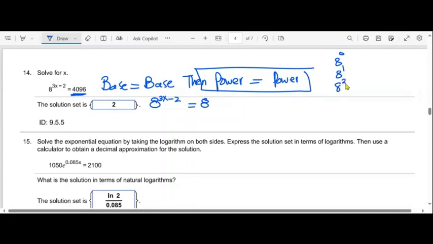No. 8 to the power of 2? No. 8 to the power of 3? No. Now you keep trying until you reach that value. What is the value that will give you 4096?